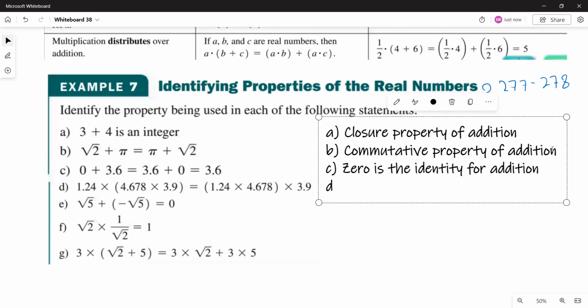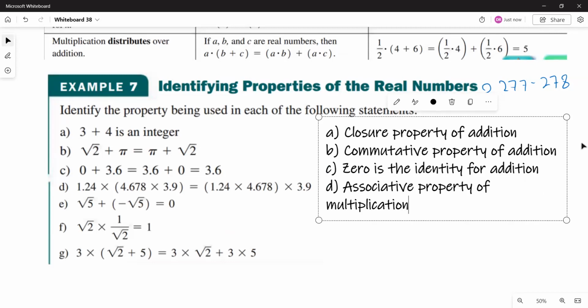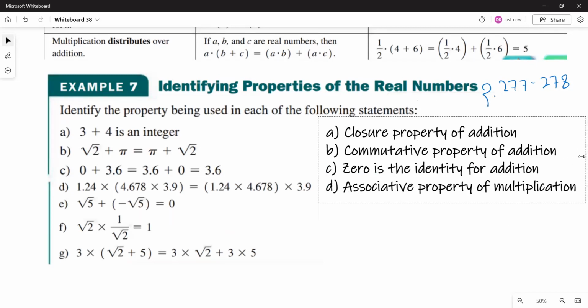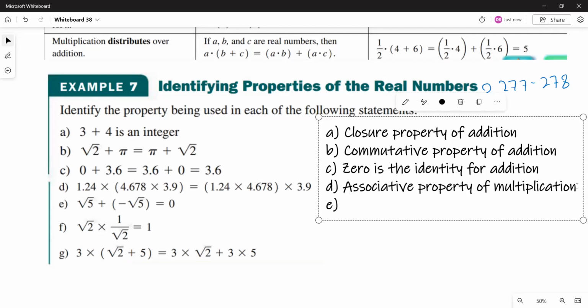D, you are grouping the numbers that you're multiplying. This is the associative property of multiplication. E, a number plus its opposite is 0.